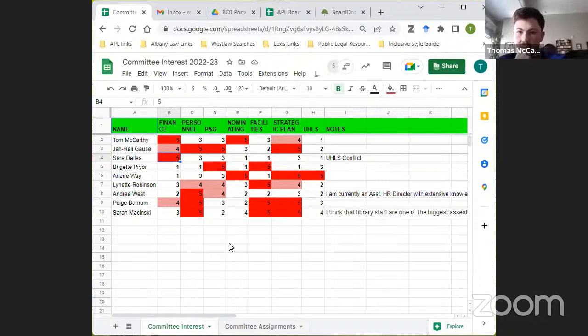Sure. Actually, the next thing I was going to say is that Arlene is the only person who put a 5 down for the Upper Hudson position in this column, and she's done that in past years, and I know she really wants to keep doing it, and I think she does a good job at it.